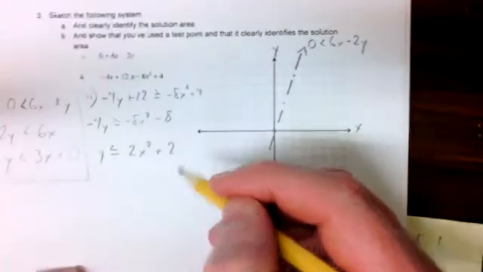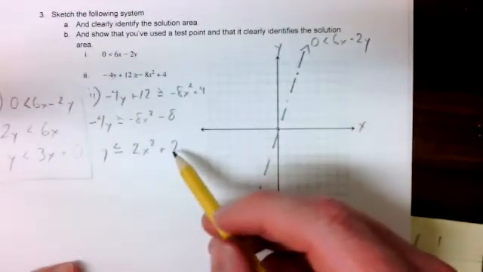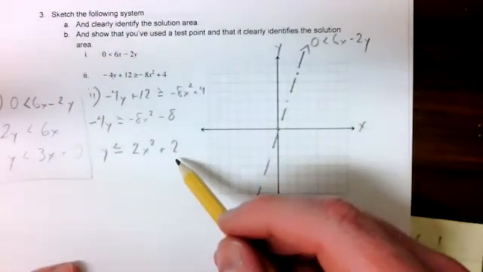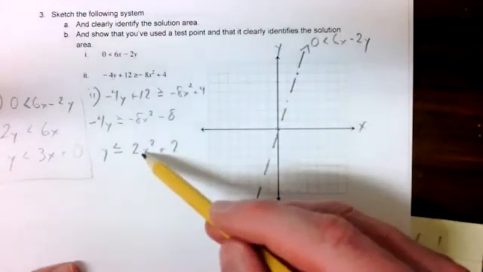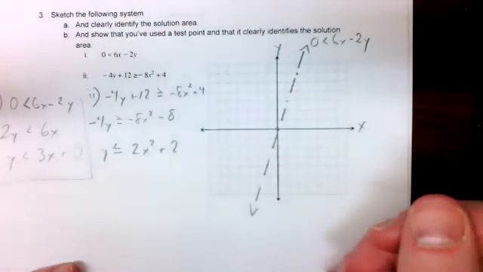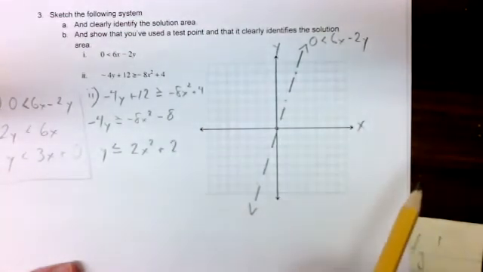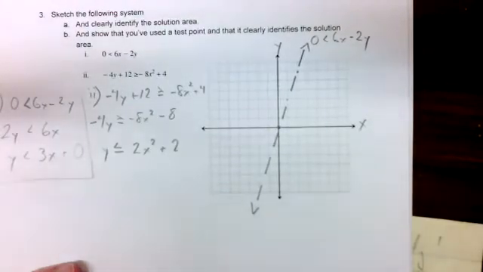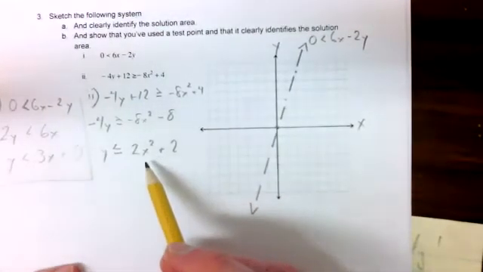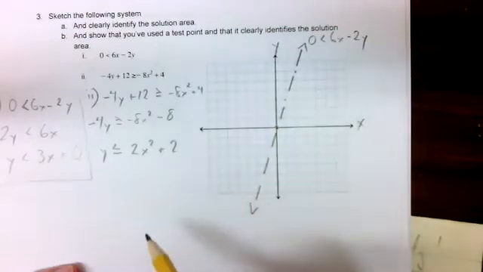I didn't realize it was crooked. 2 is our y-intercept, but this is a quadratic. We could, if you wanted to, figure out the vertex and stuff, but we don't need to. There's different ways of doing this.